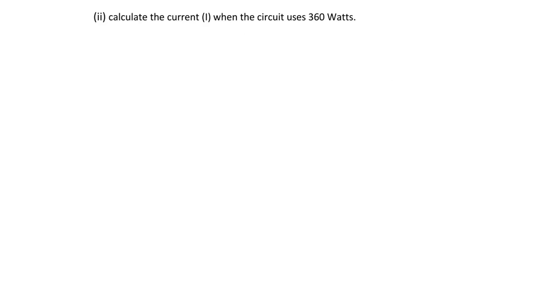For Roman 2, we are supposed to calculate the current I when the circuit uses 360 watts. Okay, so from the relationship obtained above, which says P equals K I squared, let us make K the subject. Our equation is going to be K equals P over I squared.